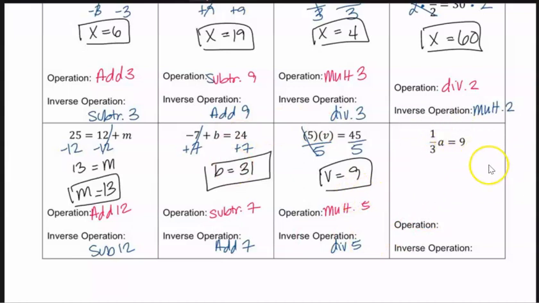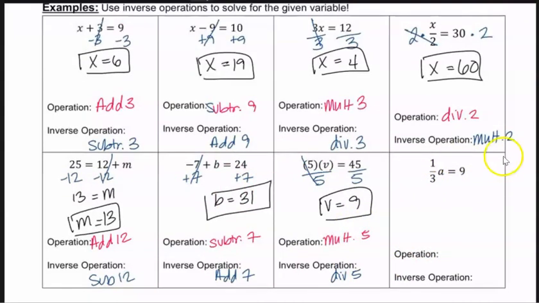Now, once again, this problem is very similar to this problem. It looks slightly different, but we still read this as 1 divided by 3. So what's actually going on here is division. So to get rid of that divide by 3, I know I'm going to multiply by 3.